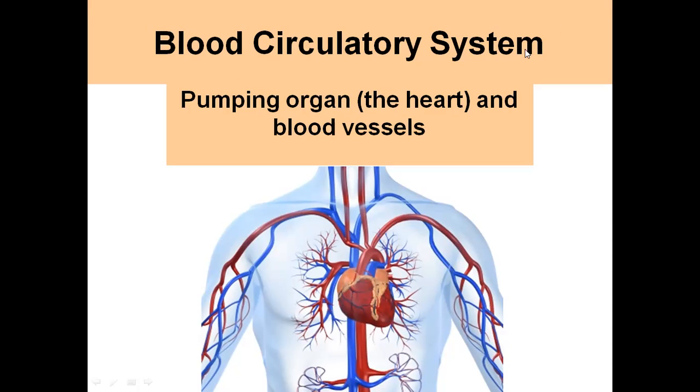And in the blood circulatory system, what we will be completing in this lecture is the external structure of the pumping organ of man. External structure, this is what we are going to study today. This is the human heart, and we are going to study only the external structure in this lecture. In the next lecture, we will study the internal structure of the right side of the heart.